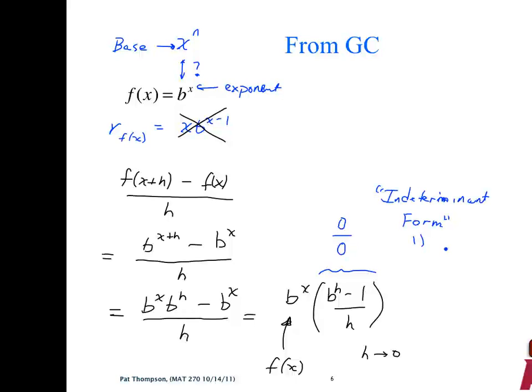First possibility is 0 over 0. In some situations could be 0. In other situations could be a non-zero constant. And in other situations it could go to infinity or negative infinity.